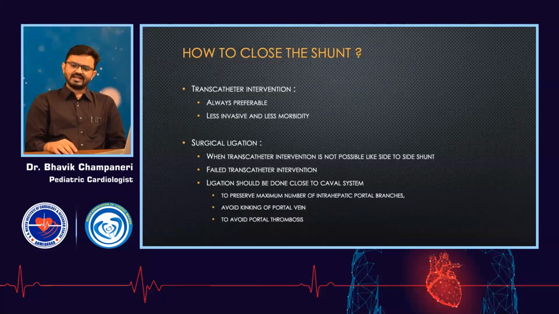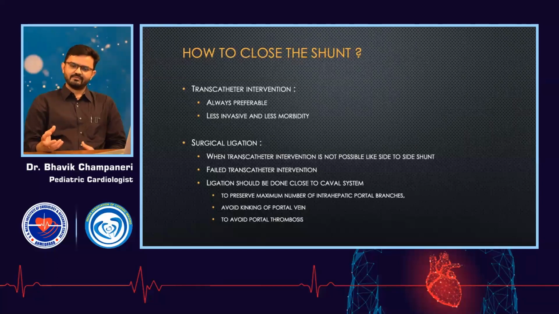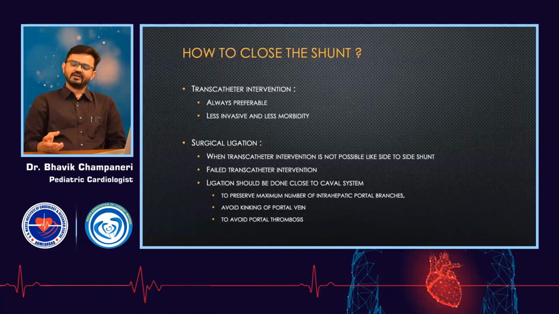It is important that ligation has to be done near systemic vein or caval level. Why? Because our aim is to take care that as many intrahepatic portal branches as possible can be incorporated into portal venous system. Other thing, we have to avoid kinking of portal vein, which may lead to development of portal thrombosis.